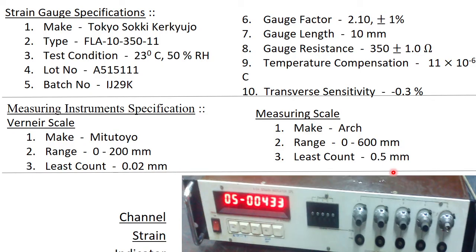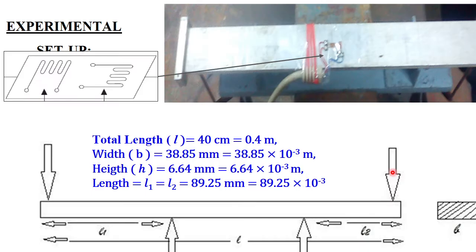Now let us see the experimental setup first. This is the experimental setup. We have this beam supported at these two points. So these two are ideally knife edge points.